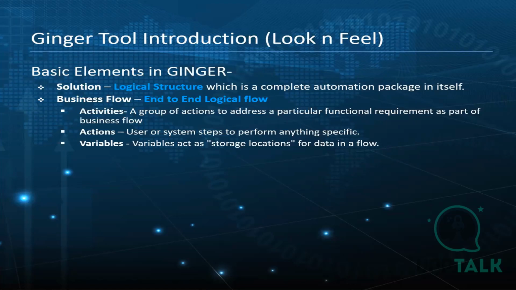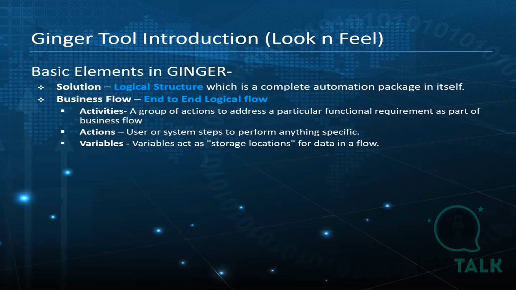This can be an activity because this is a small kind of end-to-end flow or a small group of actions, which is used to suffice a functional requirement, that yes, it's a small functional requirement that we need to add a beneficiary.